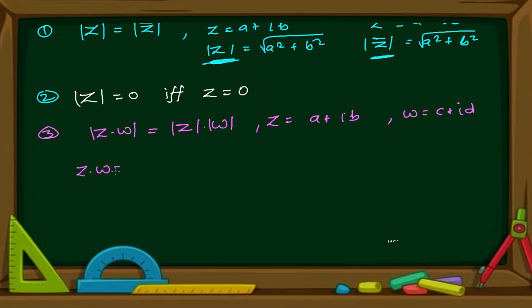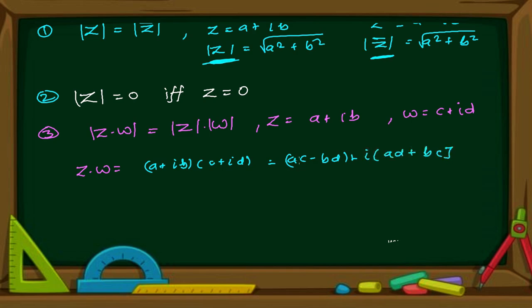So z times w, I will simply multiply the complex number a plus ib with c plus id. And that's going to be ac minus bd plus i times ad plus bc, all right?